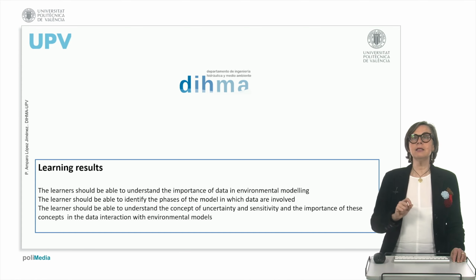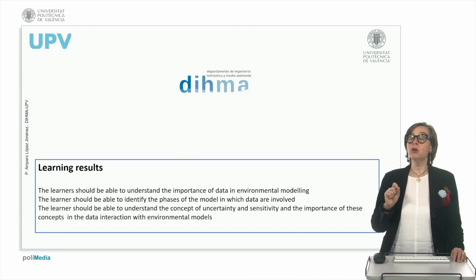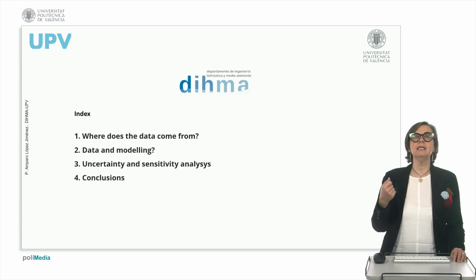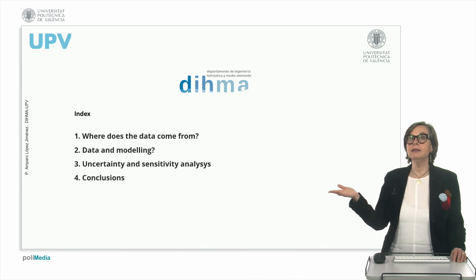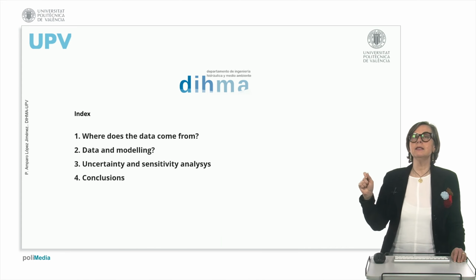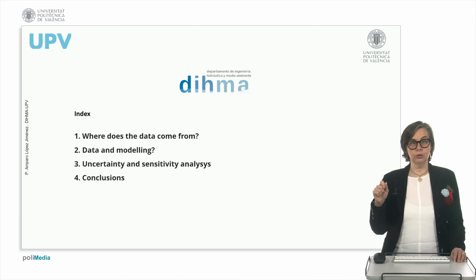And we will understand also the concepts of uncertainty and sensitivity analysis to get reliable solutions based on reliable data series. So we will be speaking where do we take the data from, where are they in the modeling, uncertainty and sensitivity analysis, and then concluding.